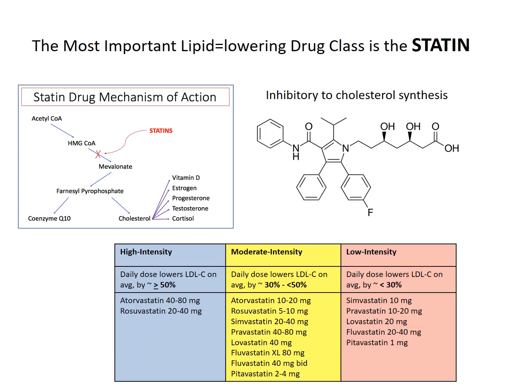We make more cholesterol than we eat, right? So it's important in an individual suffering from type 2A or any other disorder of elevated cholesterol to be able to inhibit endogenous synthesis, and that's where the statins work.